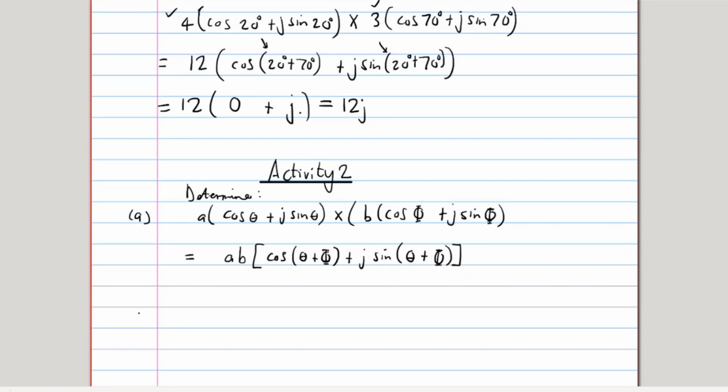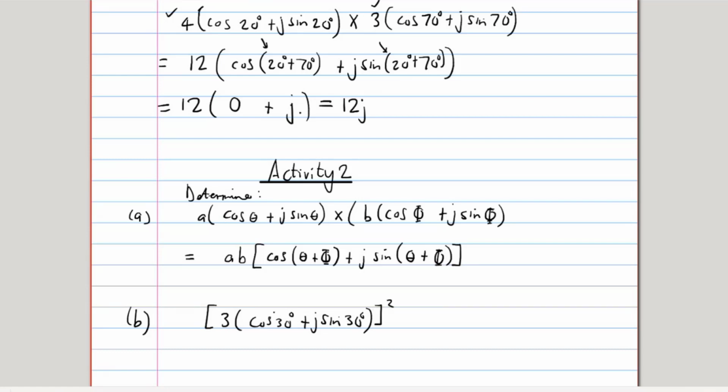So let's see the B part. The B part asks you to determine, and this is an interesting one, 3 times cosine of 30 plus J sine 30, and they want it all to be squared.